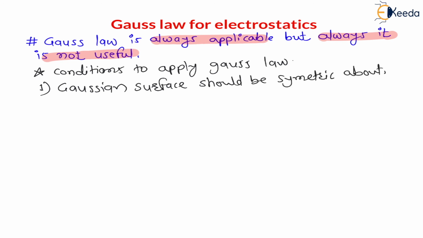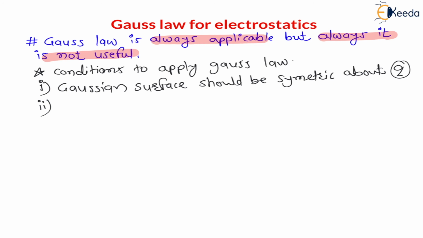About charge q, right? This is important. This is the first statement. If the Gaussian surface is symmetric about the charge or charge distribution, then the Gauss law application becomes simple. Yes, if it is not symmetric, we can apply it, but the calculation becomes difficult.